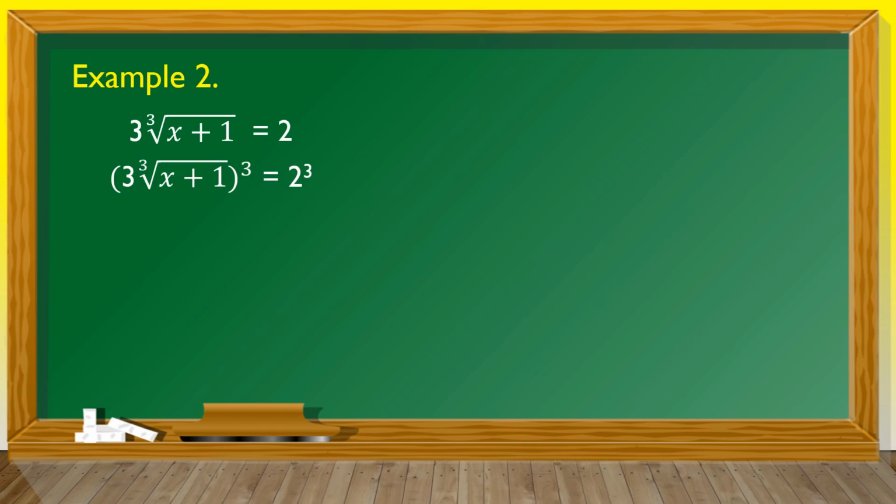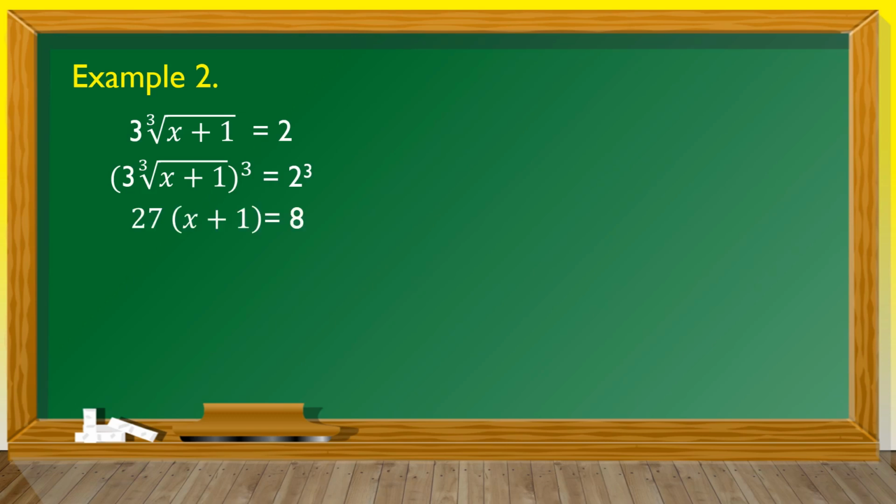So it will be the cube of the quantity 3 times the cube root of x plus 1 equals 2 cubed. So take note na kung ano ang gawin sa left side of the equation, ganon din ang gawin sa right side.